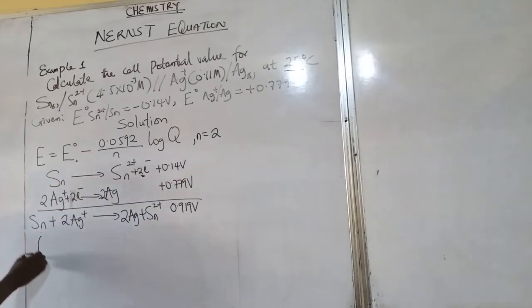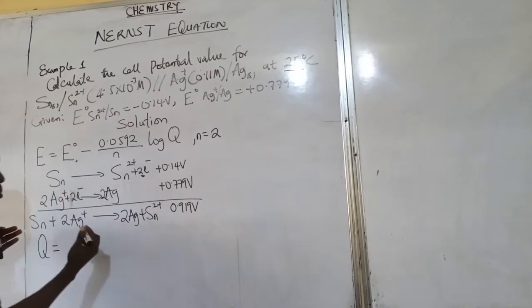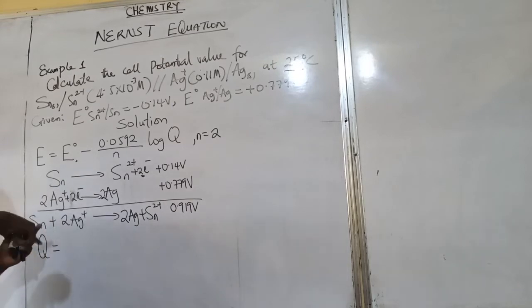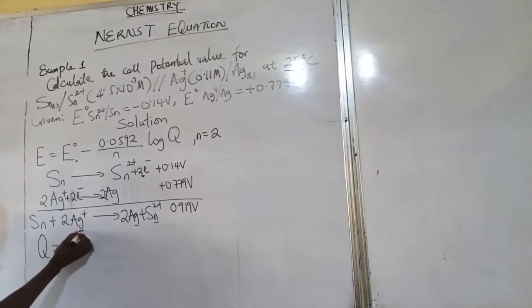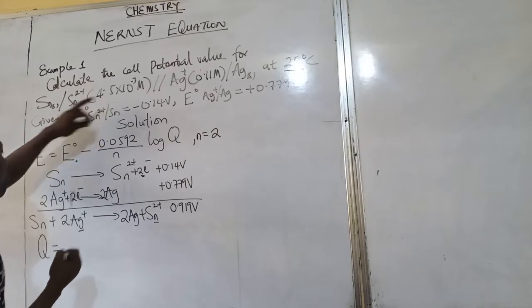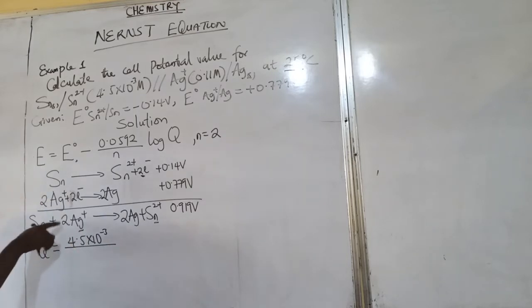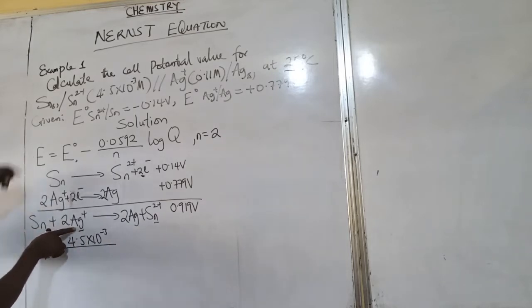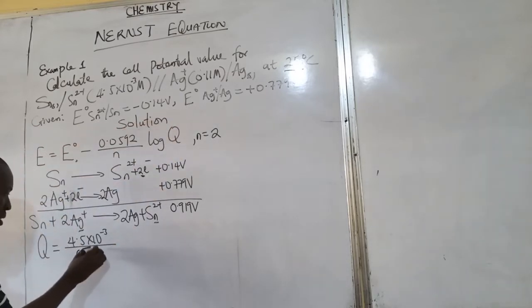Don't forget that your Q, which is your reaction quotient, is simply your product over your reactant. Because we are dealing with an aqueous solution, it involves the ions here. So the Sn2+ ion that was given to us was equal to 4.5 times 10 raised to the minus 3, over the silver ion, which was 0.11.